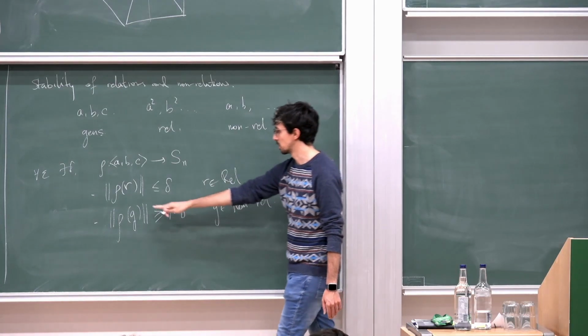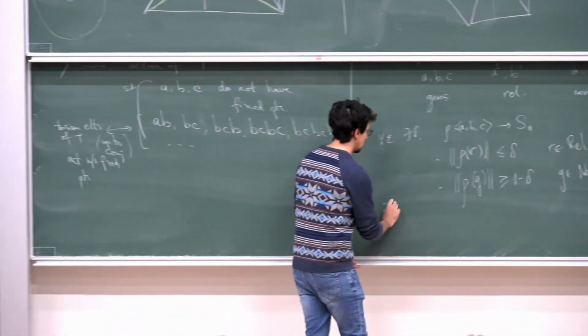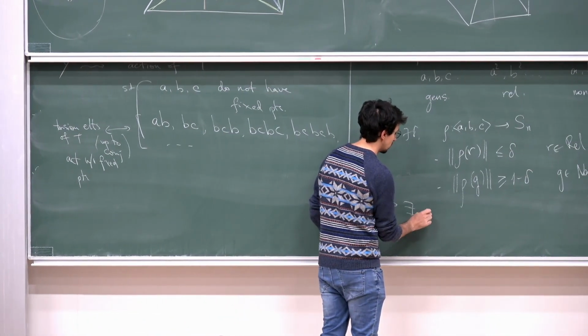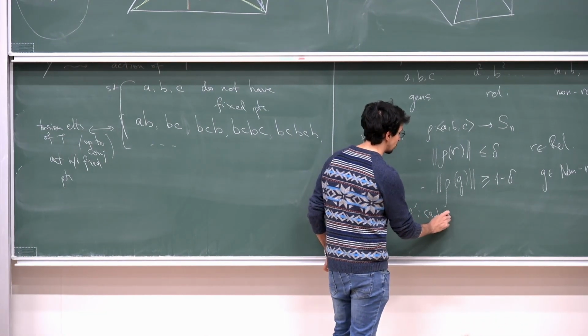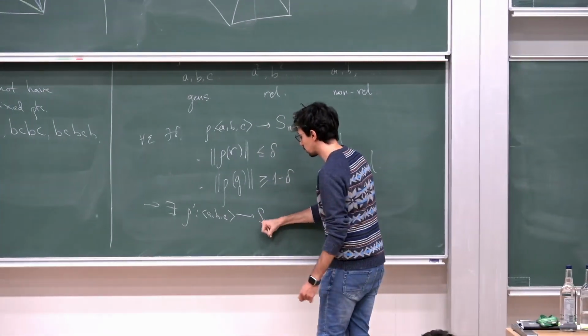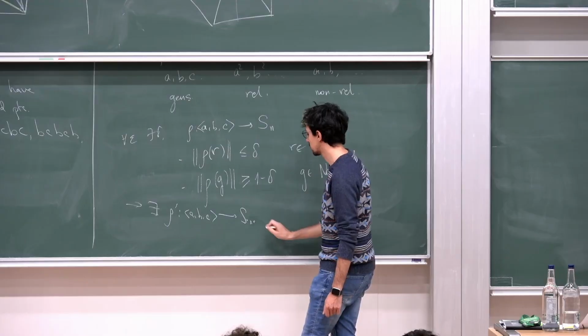Think about it. And what you want, so then there exists an actual action, rho prime, from this free group to Sm. Maybe I'm really thinking of flexible stability, so I'm allowed to add here a little bit.